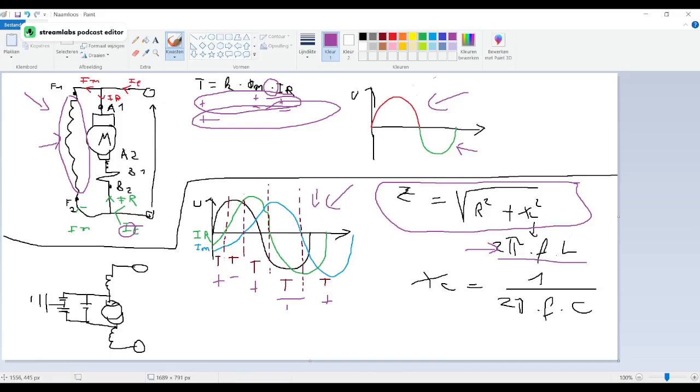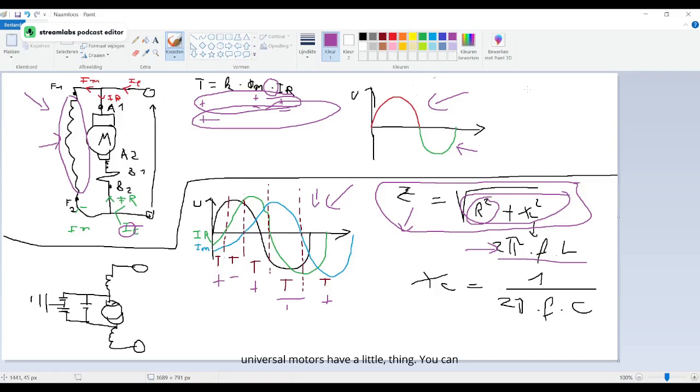But because we only had this on DC, and now we have this total, our inductor has to be smaller than the series one on AC, because otherwise the current would be limited too much. So we have to take a smaller inductor if we're going to use AC.